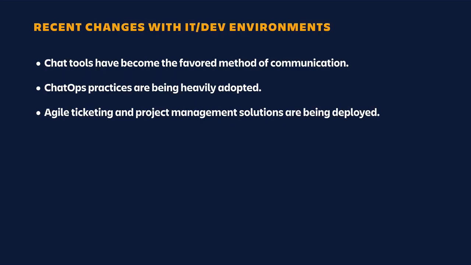In addition to integrating with monitoring tools, we've noticed that chat tools have become the favored method of communication for IT and dev environments. Chat ops practices have been heavily adopted, with Slack being the major one.